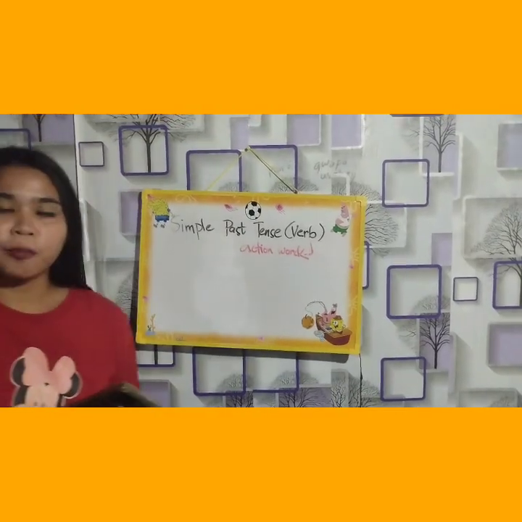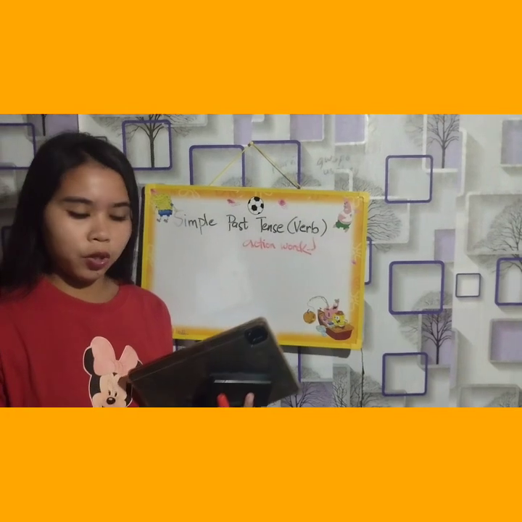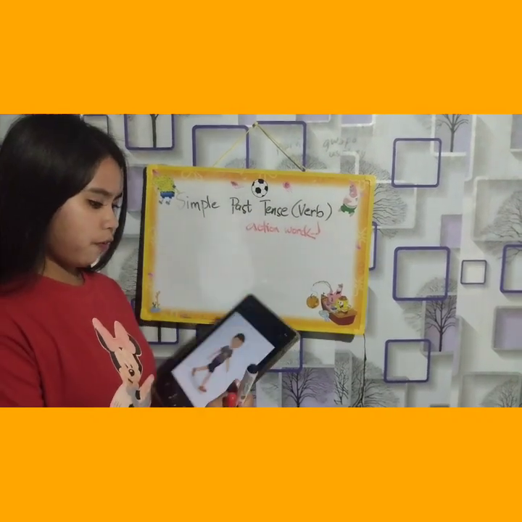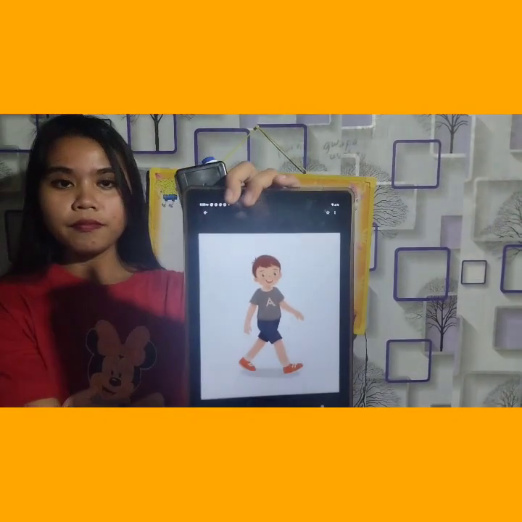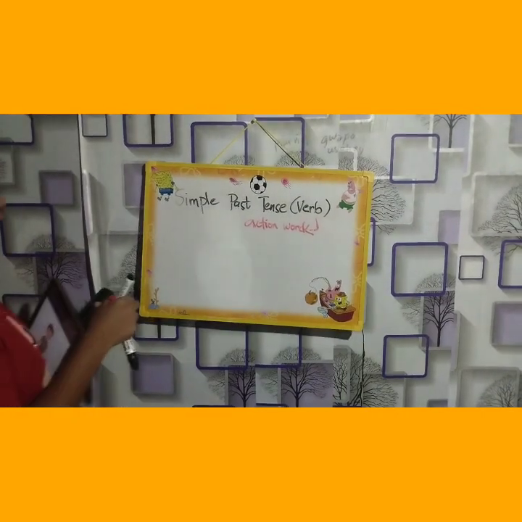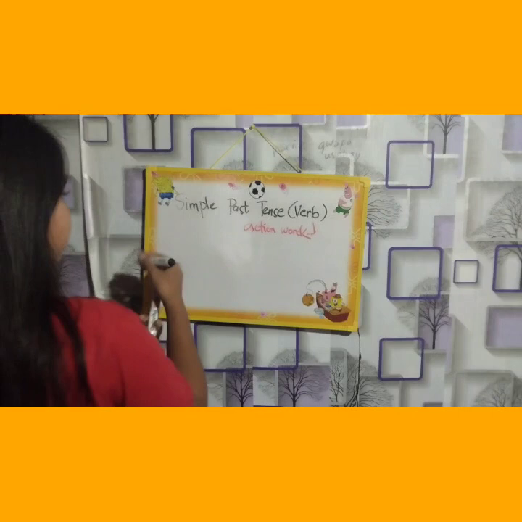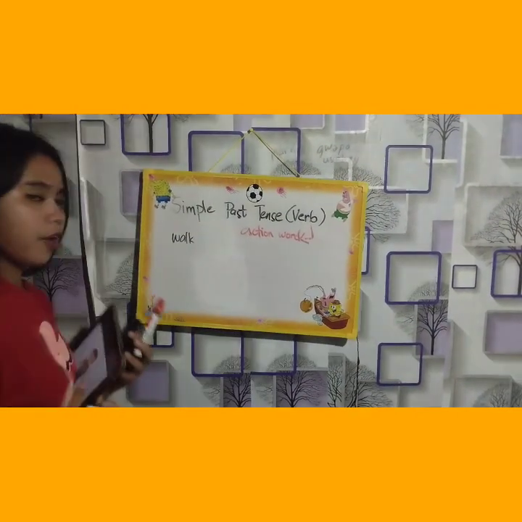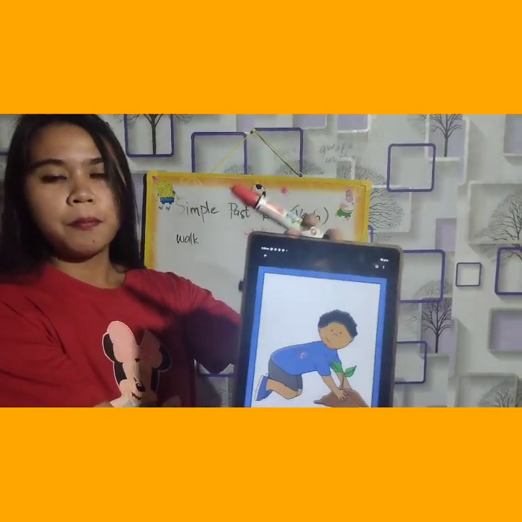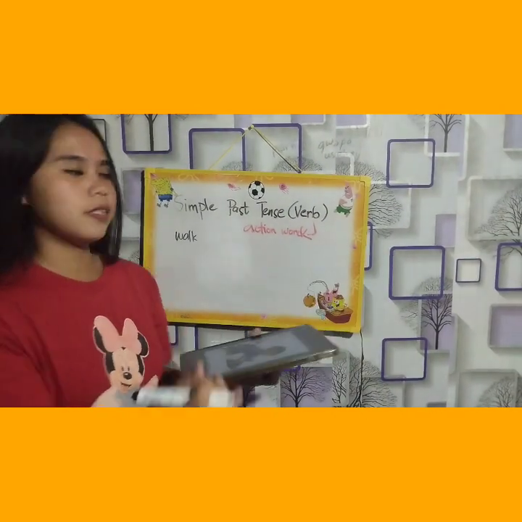Now, before I formally start the lesson, I will show you some pictures, and then all you have to do is identify the verb in those pictures. This is the first picture. So this is walk. Very good. Next, we have plant.